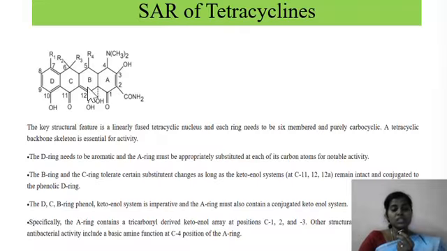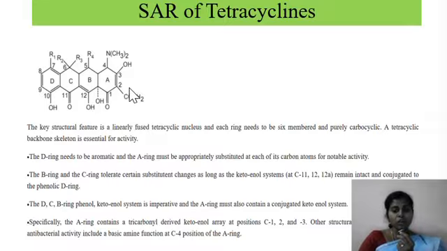Here you can see a tetracyclic nucleus consisting of four six-membered rings A, B, C, D. The important structural features include the dimethylamino group at the C4 position, which is essential for antibacterial activity.